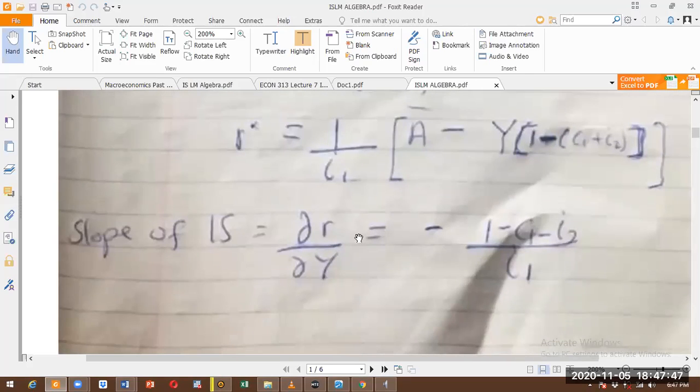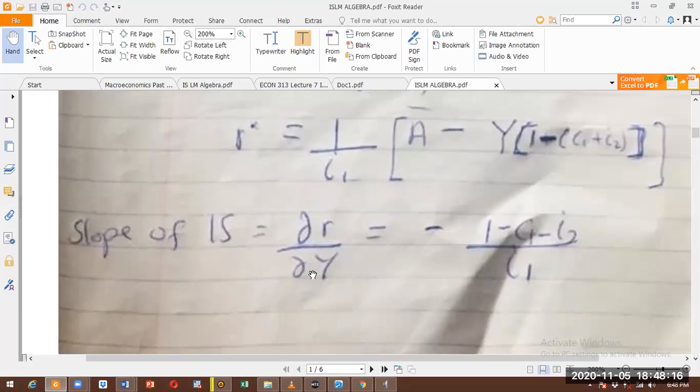All right, so this is what I was talking about. This is the dR/dY, and this is going to measure the change in R resulting from a unit change in Y. If equilibrium income should increase by 1 unit, then the interest rate will fall by this value, because of the negative sign. So that's what we use the dR/dY for. We will be using it in the questions.